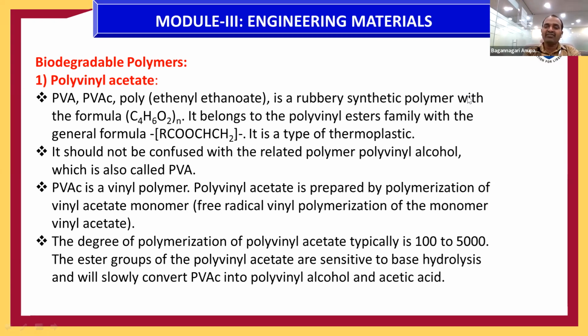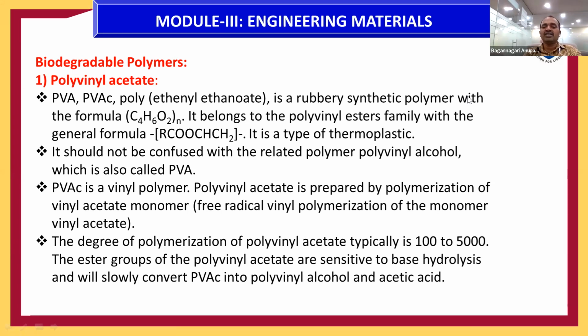Vinyl acetate undergoes free radical vinyl polymerization, and we get polyvinyl acetate, PVAC. Polyvinyl alcohol is PVA; PVAC means polyvinyl acetate. So how to prepare polyvinyl acetate? It is prepared by free radical vinyl polymerization of vinyl acetate. Then we get the polyvinyl acetate.